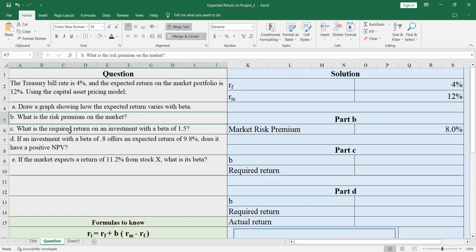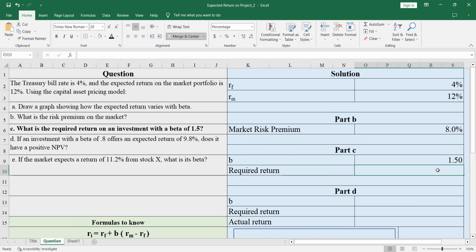Part C asks what is the required rate on the investment with a beta of 1.5. We are given the beta, 1.5, and we have to find the required rate of return.